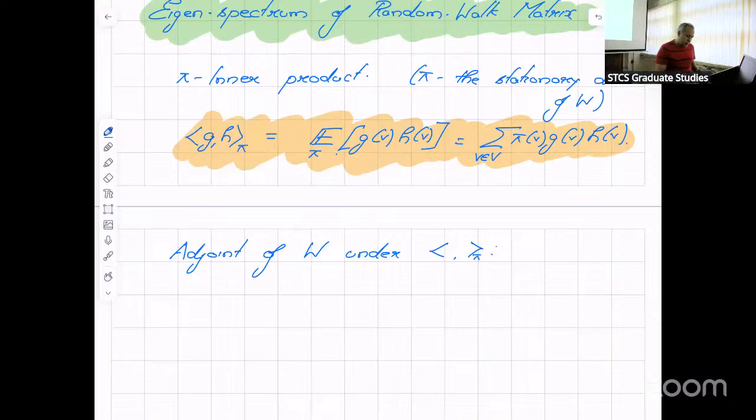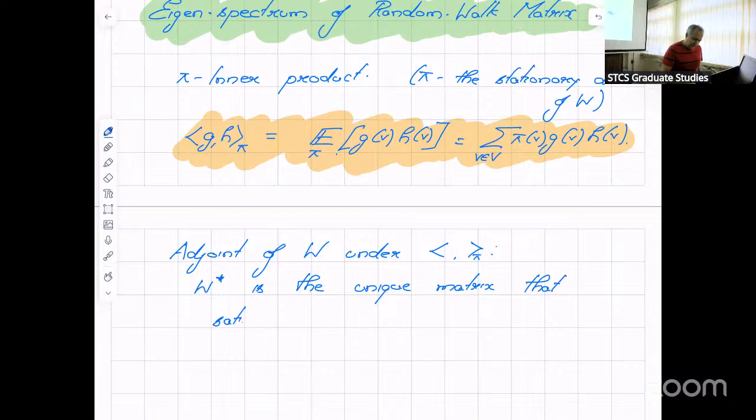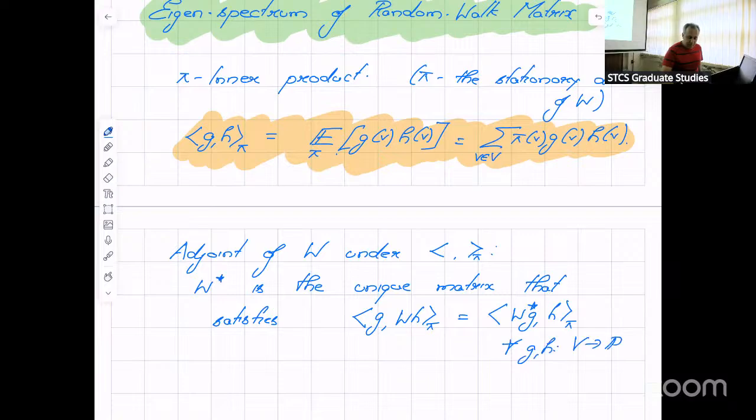The adjoint, W star, is the unique matrix that satisfies: the inner product of GW and H under pi should be the same as the inner product of G and W star H under pi, for all G and H functions on the vertices.